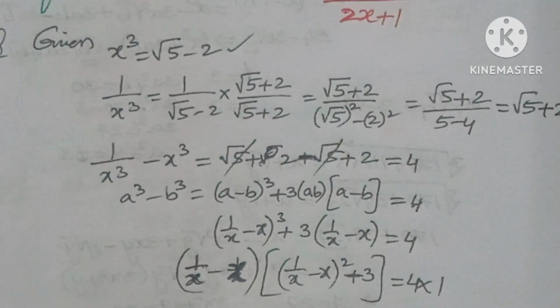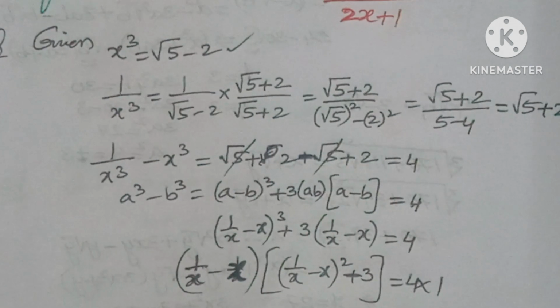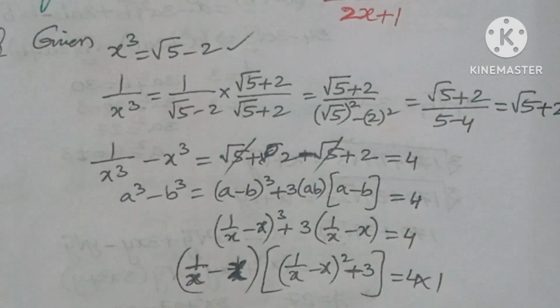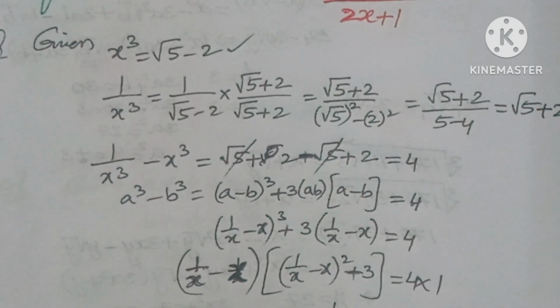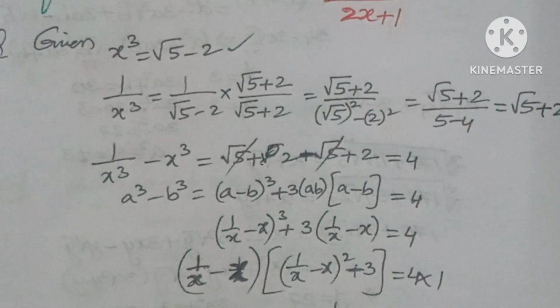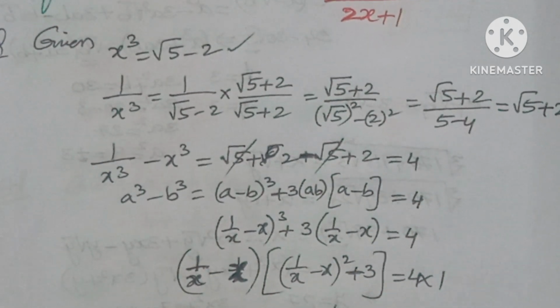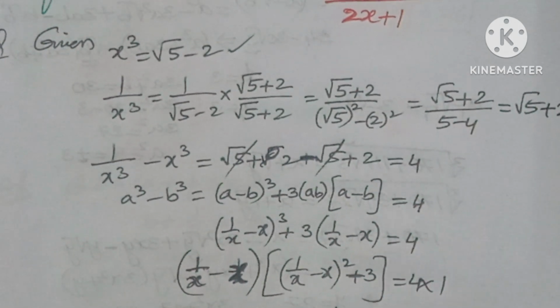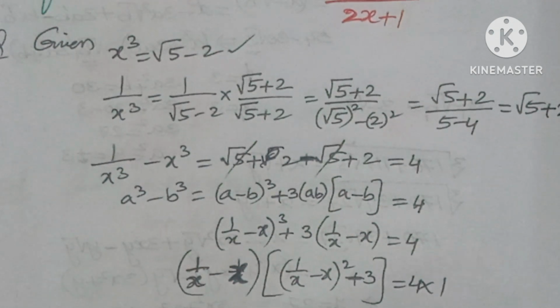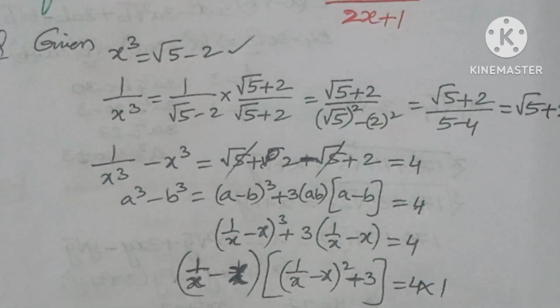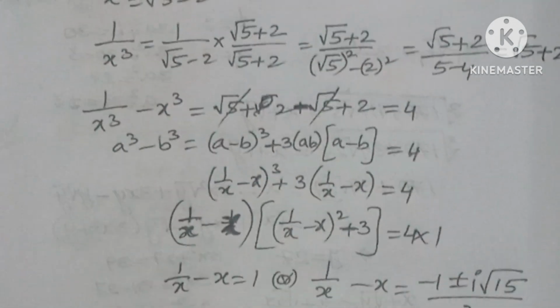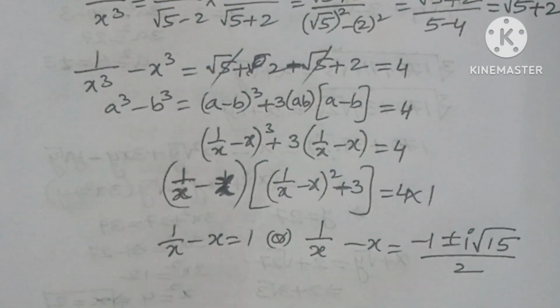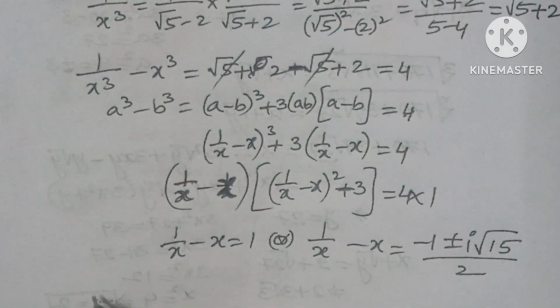Now 1 by x minus x is equal to 1, or 1 by x minus x is equal to minus 1 plus or minus root 15 by 2. So here we are getting two values for 1 by x minus x.